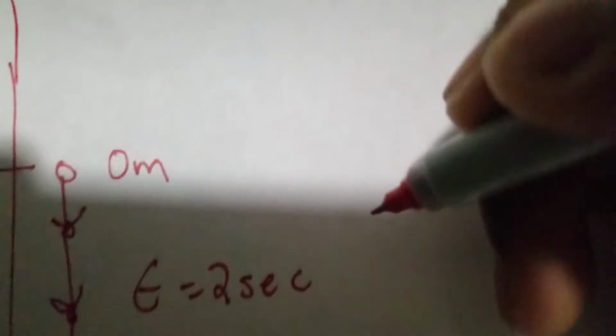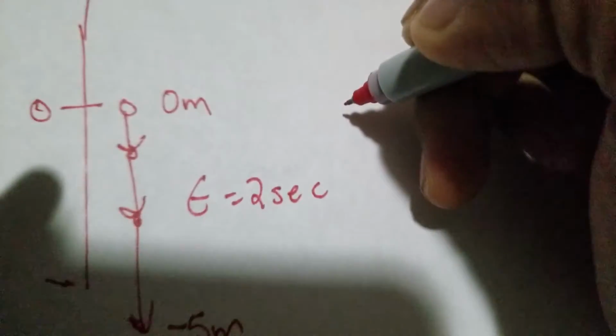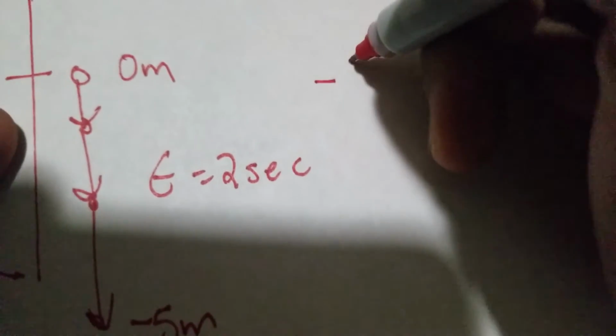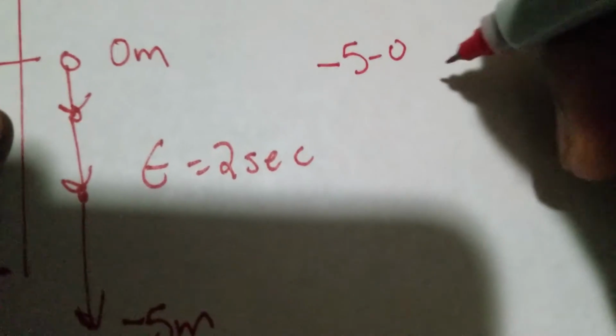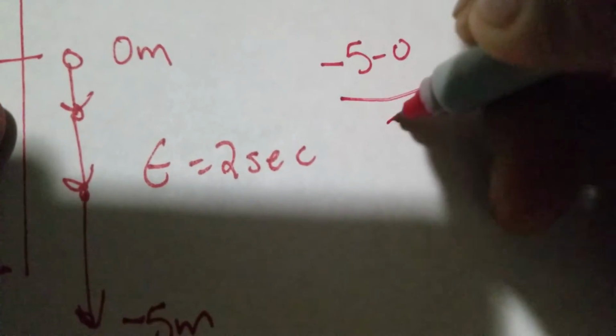So let's pick a couple of points. Let's say that this point is 0 meters, and the final point is negative 5 meters. And once again, let's say our time is 2 seconds. We know that displacement over time is velocity, and we have a displacement of negative 5 minus 0, and a time of 2 seconds.